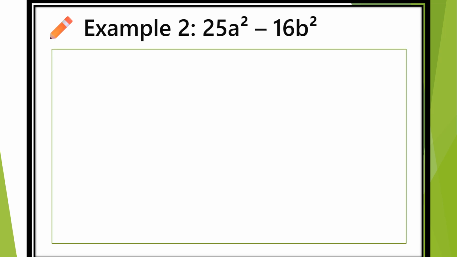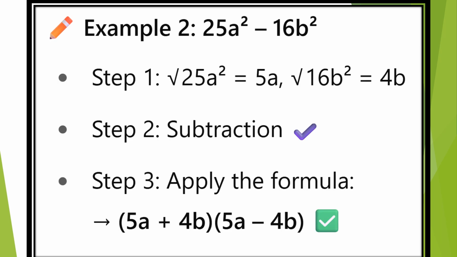Okay, how about this one? Example number 2: 25a squared minus 16b squared. Is 25a squared factorable? Yes. How about 16b squared? Yes. The square root of 25a squared is 5a, and the square root of 16b squared is 4b.